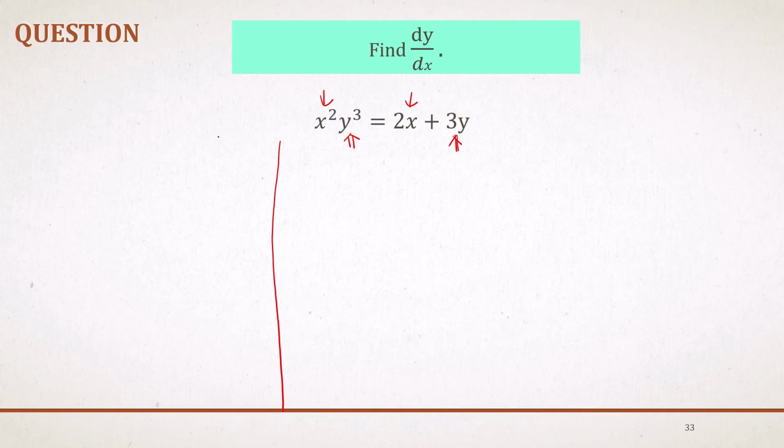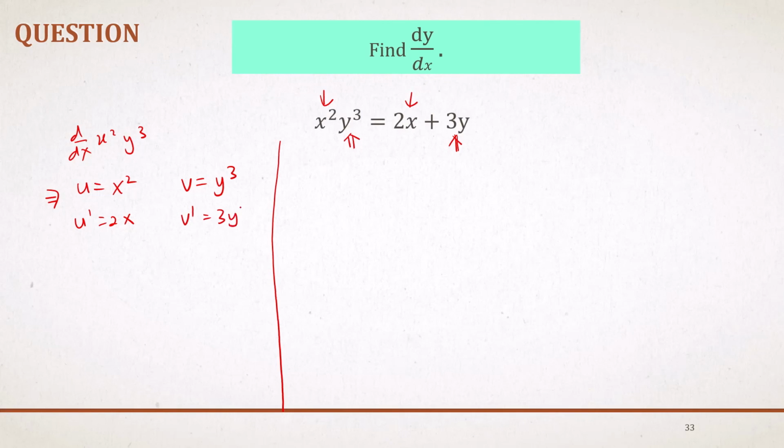So I will solve my differentiation of x squared y cubed on my left hand side. So here I need u equals x squared, my v equals y cubed. So u' equals 2x, v' equals 3y squared dy/dx.